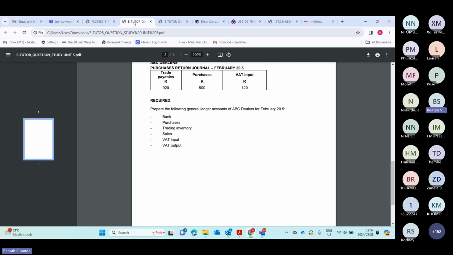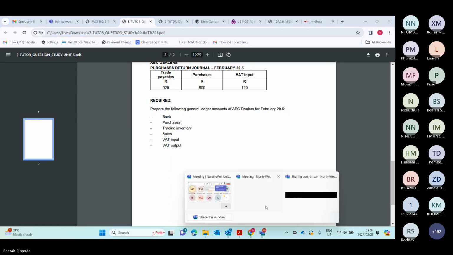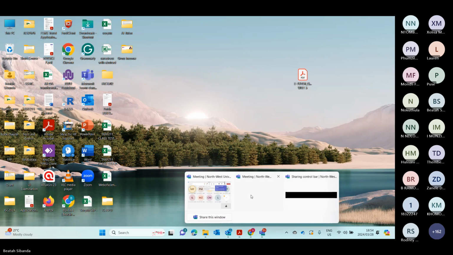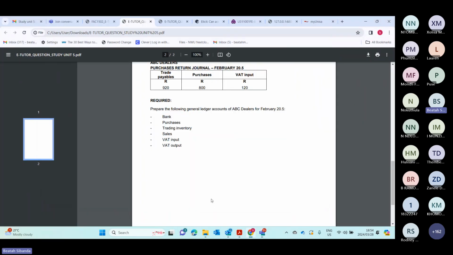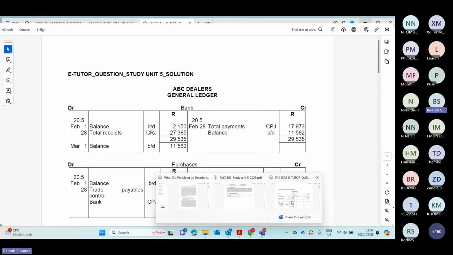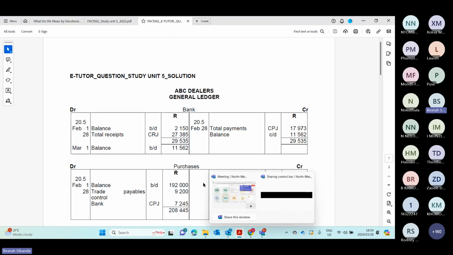Let me open it again. Please bear with me one second. Can you see my screen? Yes. Okay, so which one are you seeing, the solution?